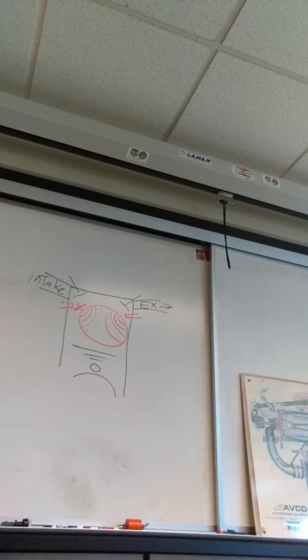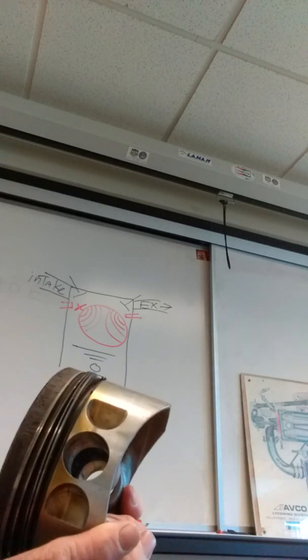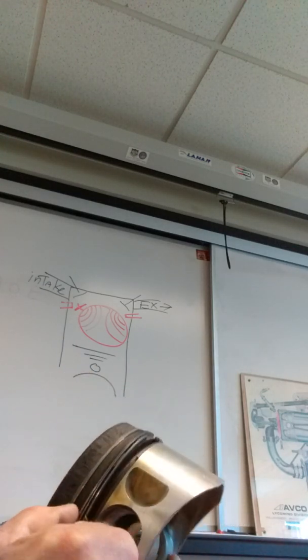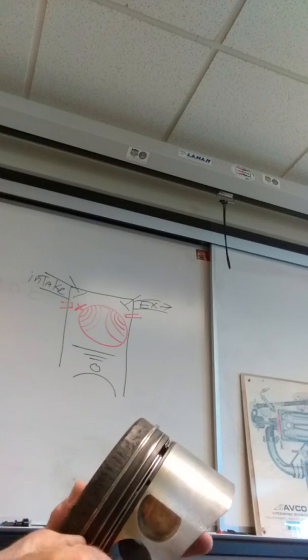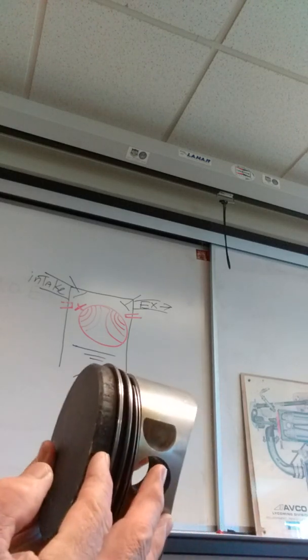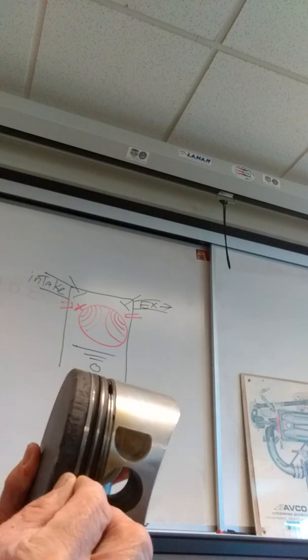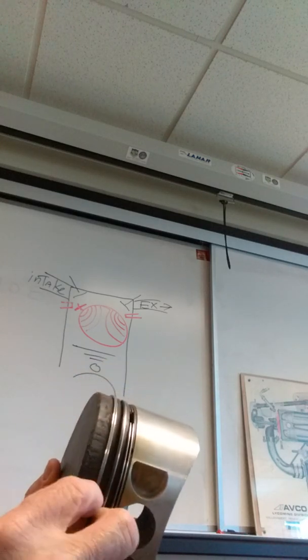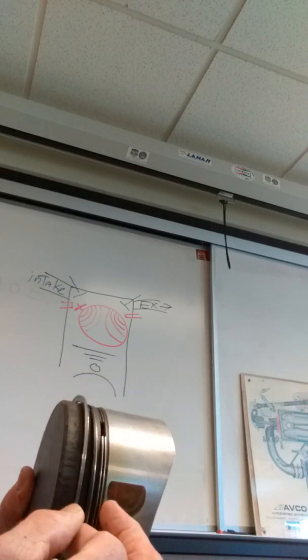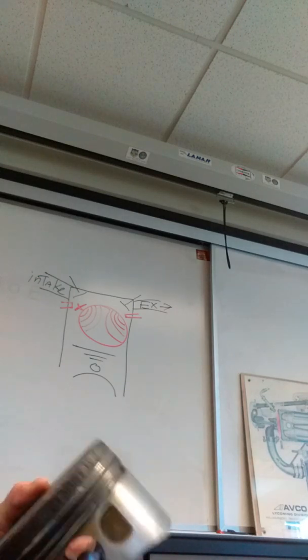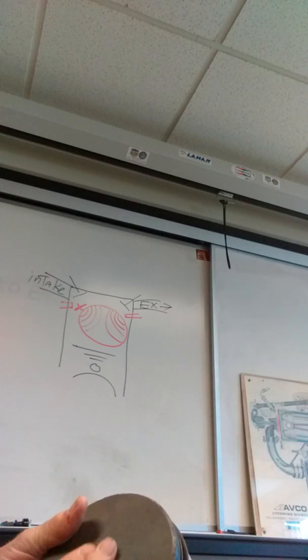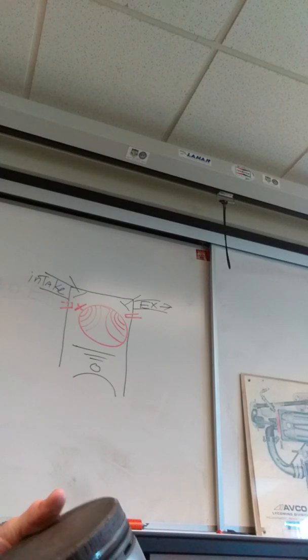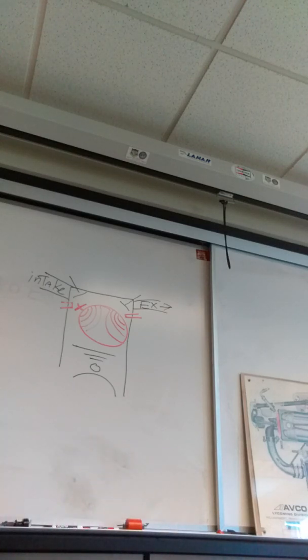It was all white, indicating that we were running really lean, and also we failed on a compression check. You could stick your fingernail in between the ring and the ringland groove here, indicating there was a lot of wear going on. And this engine only had 400 hours on it. You could see the symptoms up here, and you get to see that piston when we get out into the shop, where it had been going off into detonation.